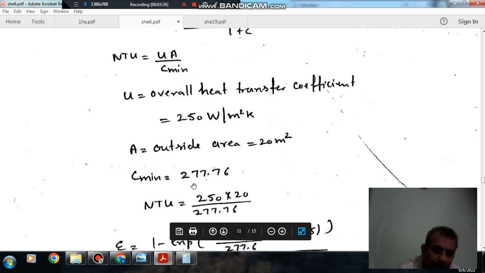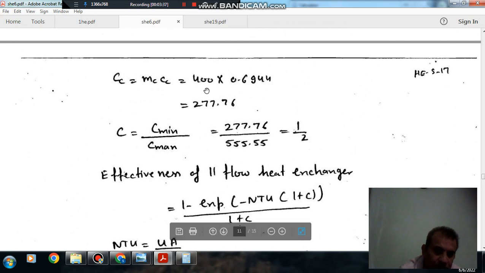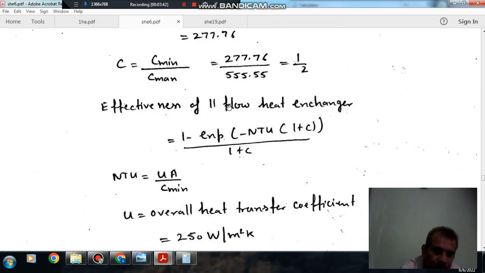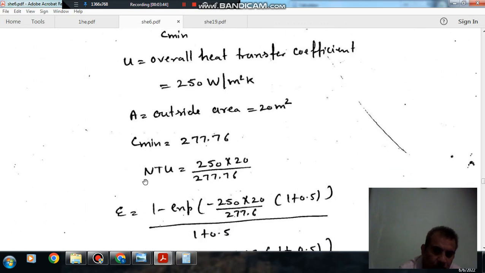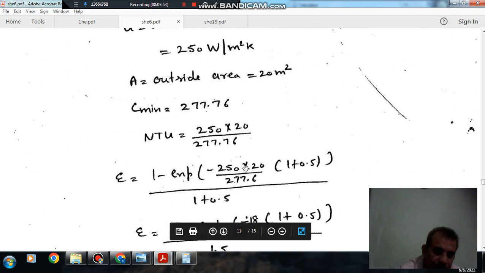C minimum we have calculated as 277.76, because out of CC and CH, the C minimum is CC. So NTU is 250 into 20 divided by 277.76.